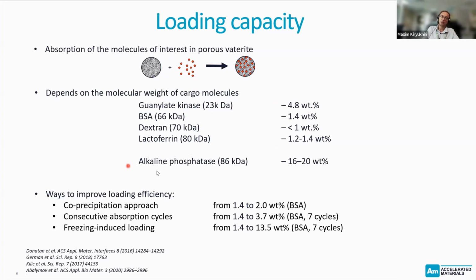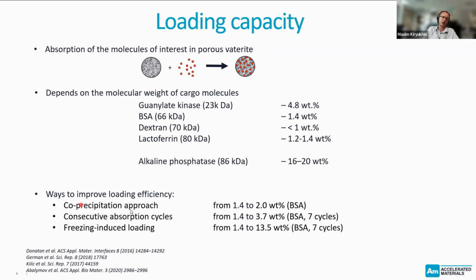Although there are some exceptions, and for some particular proteins, like, for example, alkaline phosphatase, an extremely high loading capacity was reported, up to 16 to 20 weight%, which is probably determined by the surface chemistry of this protein.